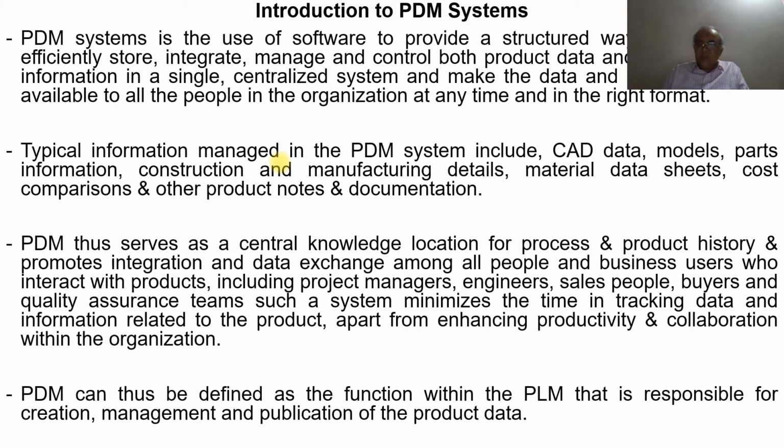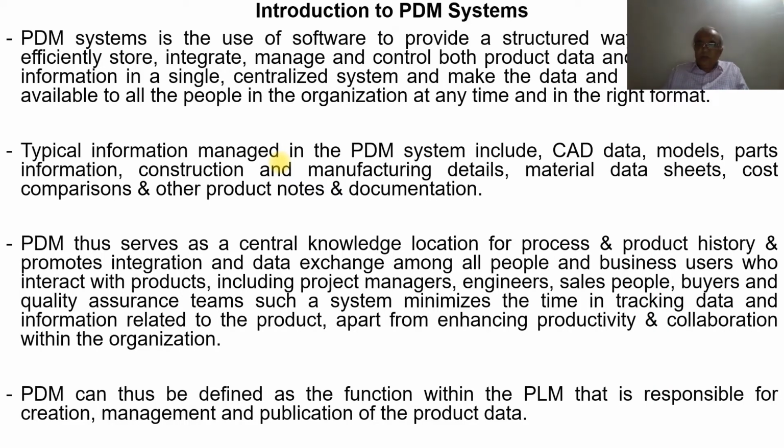The PDM system includes, one, the CAD data with details about the model; parts information about what all the parts are, what their main functions are, how it is going to be done; construction and manufacturing details, so how it is to be constructed and how it should be manufactured, including the jigs and fixtures, which you may require for manufacturing; material data sheets, like the bill of materials; and then the cost comparison.